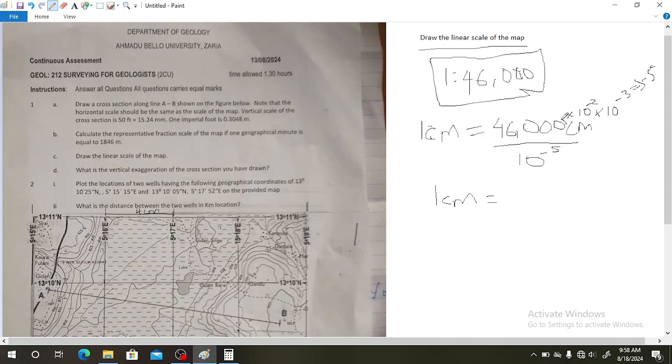Let's do it together. We remove 1, 2, 3, 4, and 5. That's 0.46 kilometer.